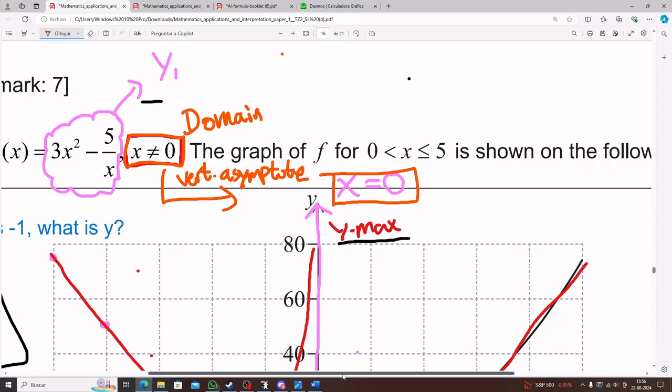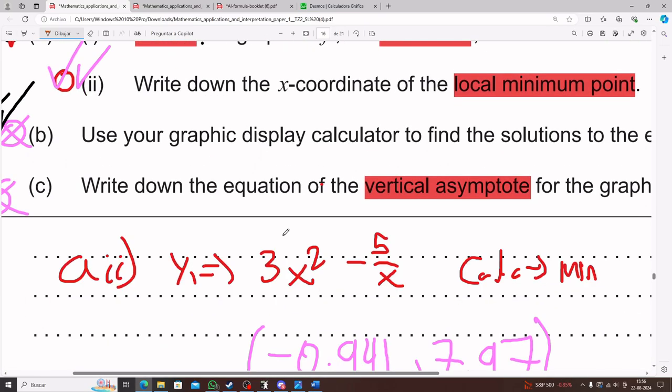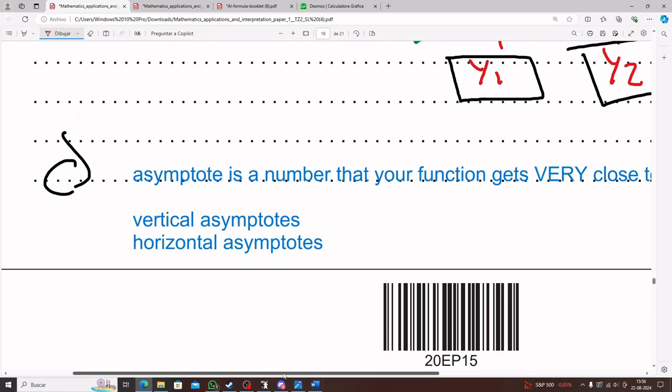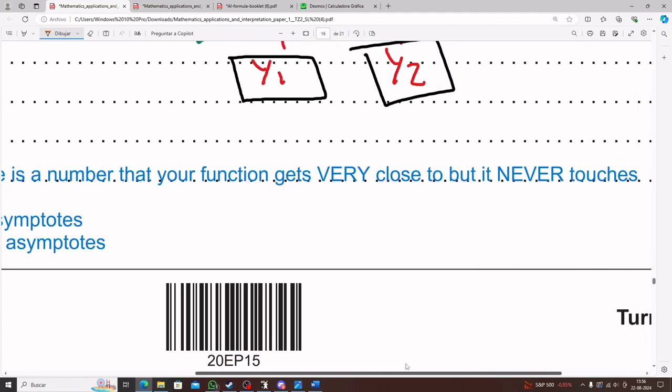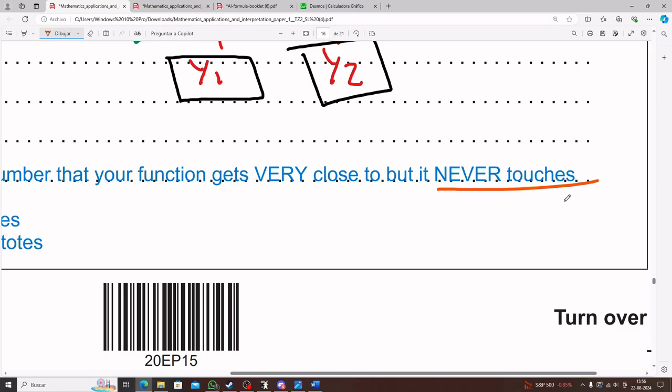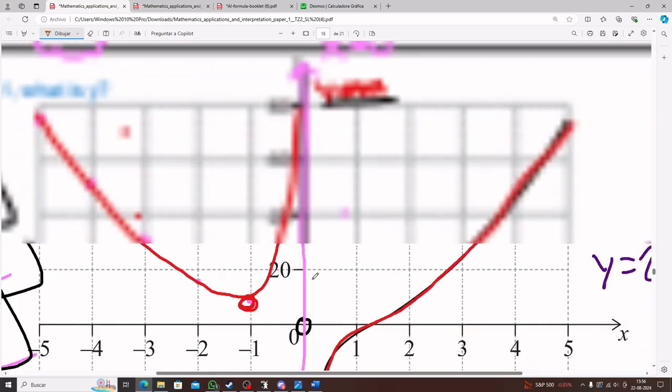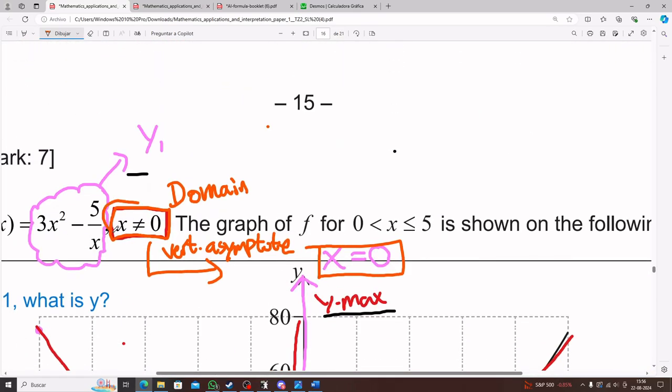And I know that's a little bit weird, so let me talk a little bit more about it. Let's remember, I said an asymptote is a number that your function gets very close to, but it never touches. And because x up here cannot equal 0, because it's in the denominator, right? That means at x equals 0, I have an asymptote.